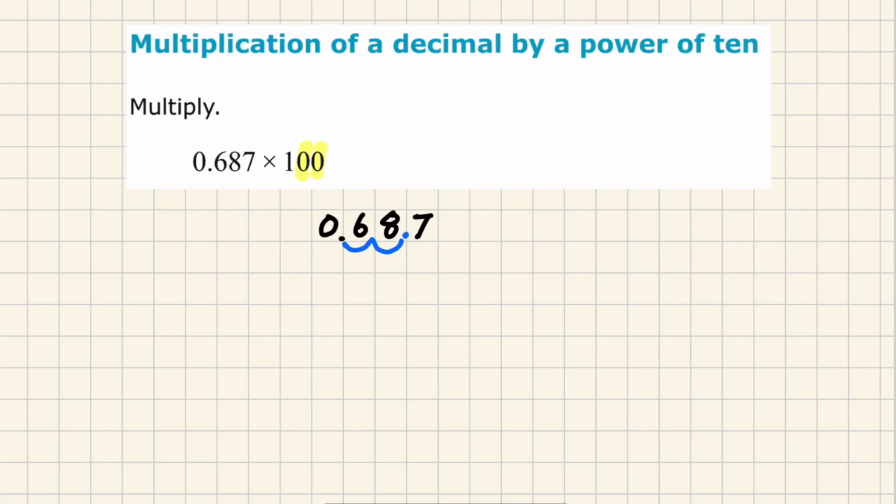Our new decimal place will be after the 8. So this would be 68.7. And the shortcut of moving the decimal 2 times for the 2 zeros makes this much easier than actually going through the multiplication.